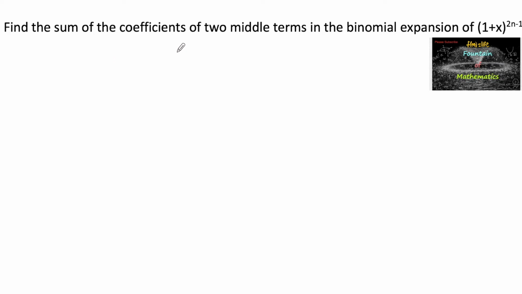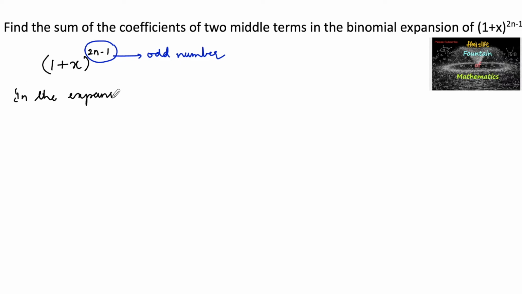Find the sum of the coefficients of the two middle terms in the binomial expansion of (1 + x)^(2n-1). So clearly 2n - 1 is an odd number, and we know that in the expansion of (x + a)^n, if n is odd, then there will be two middle terms.